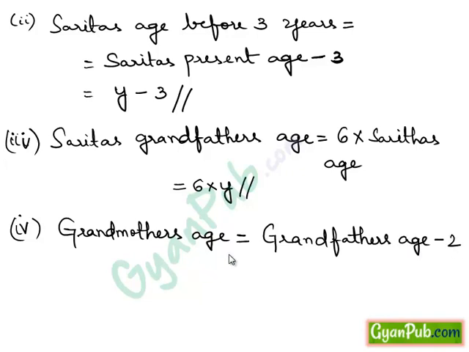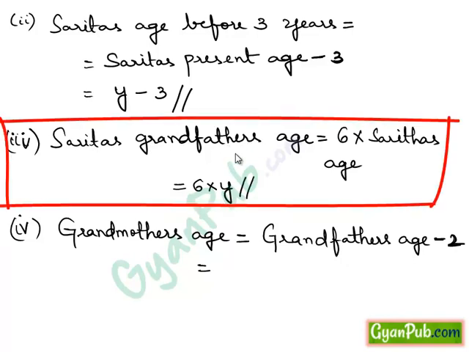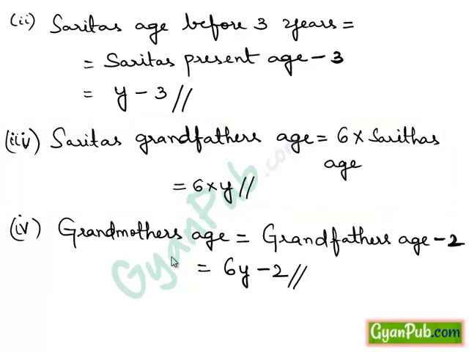Since we know the grandfather's age is equal to 6y, it is 6y minus 2. Therefore, her grandmother's age is 6y minus 2.